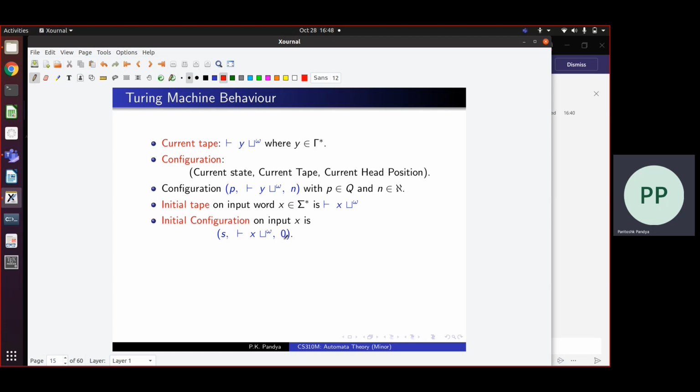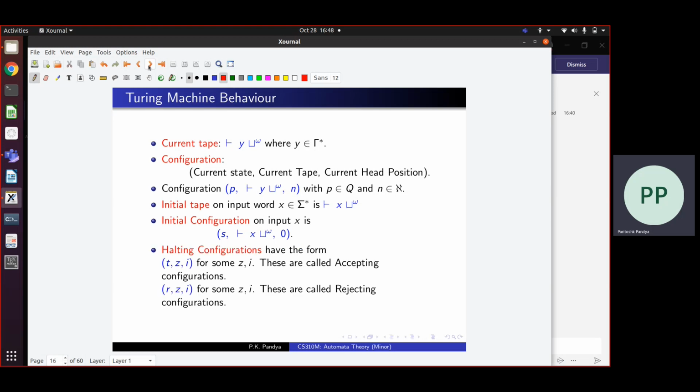And the head is positioned on top of this left-hand marker, that is at position 0. So this is the initial configuration on input X. So a Turing machine M on input X will have an initial configuration which looks like this, right?